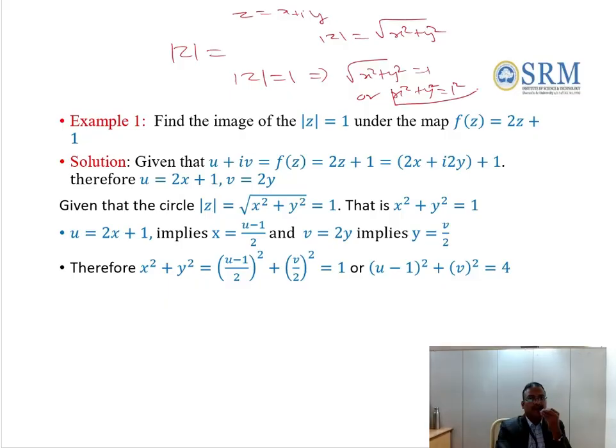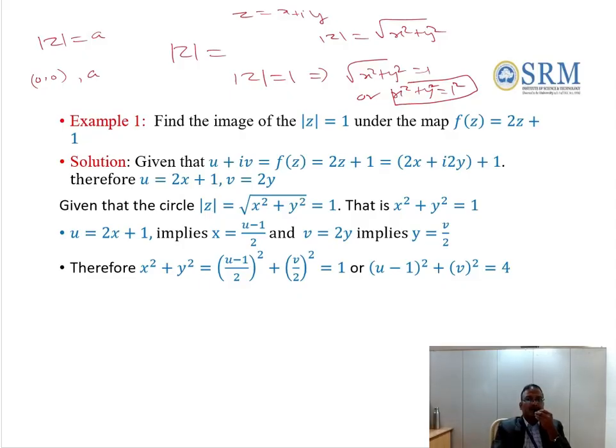It is a circle, right? So hereafter modulus of z equal to some a means it is a circle with the center 0, 0 and radius a. Okay, that is the meaning. So modulus of z equal to 1 means it is a circle with the center 0, 0 and radius 1.